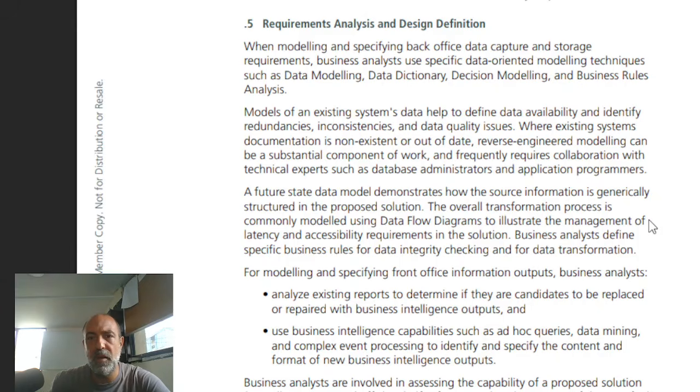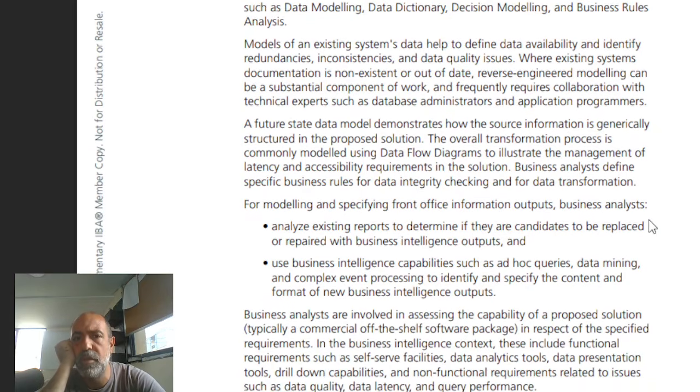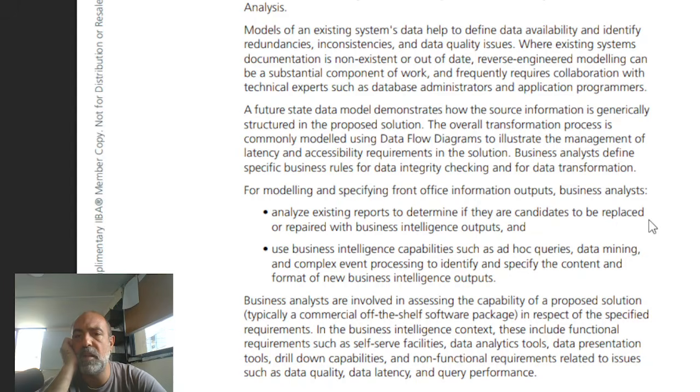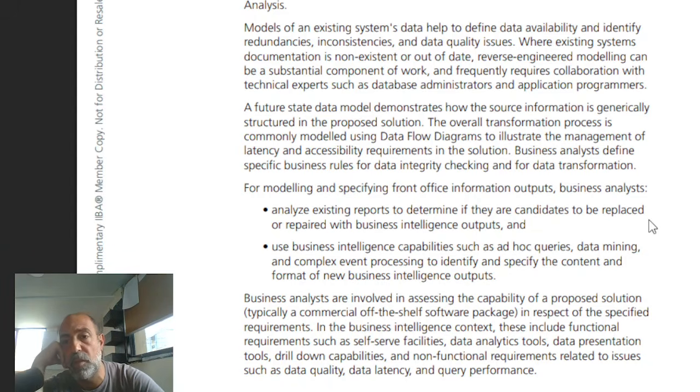When modeling and specifying back office data capture and storage requirements, business analysts use specific data-oriented modeling techniques, such as data modeling, data dictionary, decision modeling, business rules, and analysis. Models of an existing system's data help to define data availability and system redundancies, inconsistencies, and data quality issues.